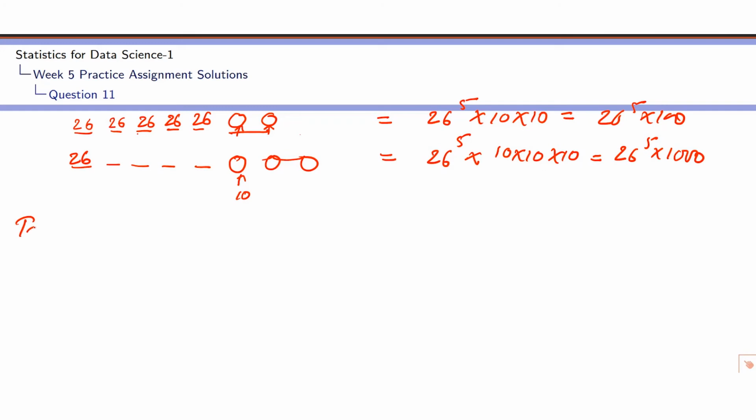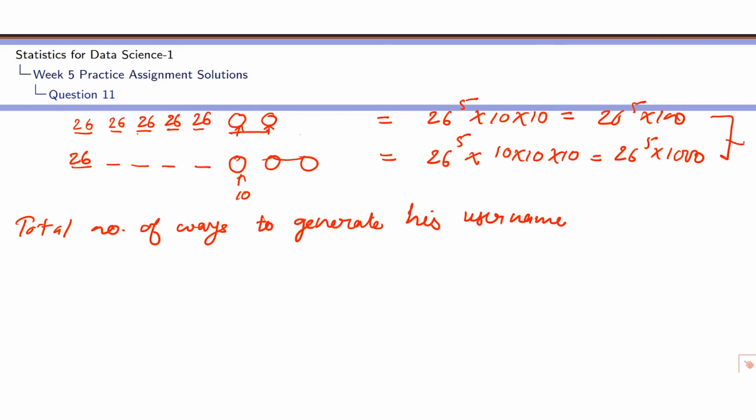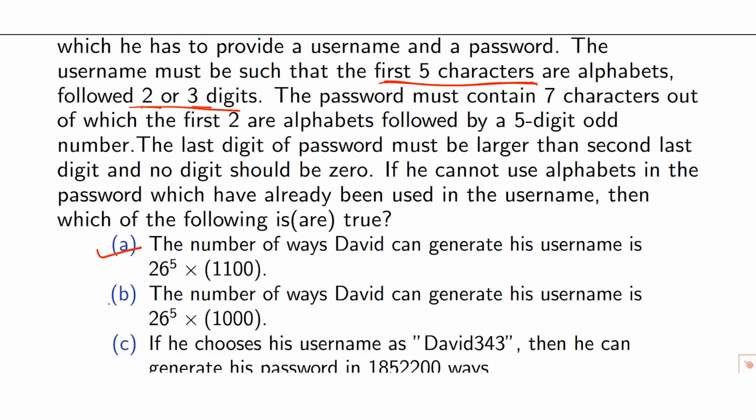So the total number of ways to generate his username will be the addition of these two by the addition rule. That will be 26 raised to power 5 common, and it will be 100 plus 1000. That will be 1100 into 26 raised to power 5. So this is the right answer, B is wrong.